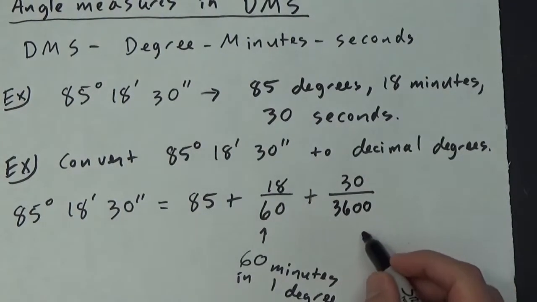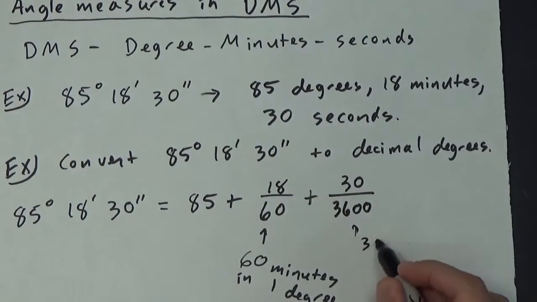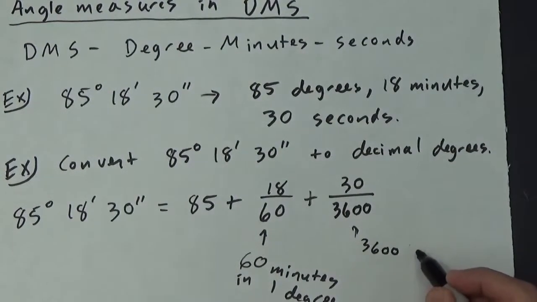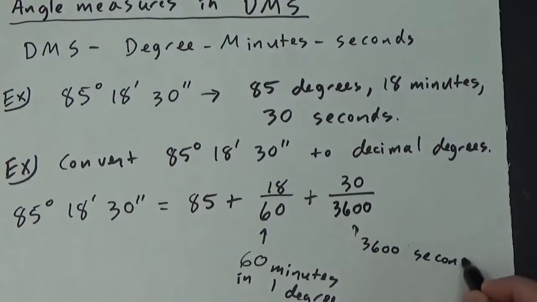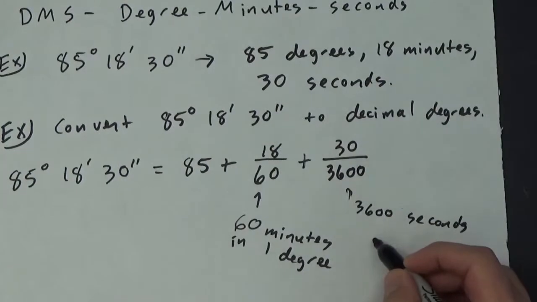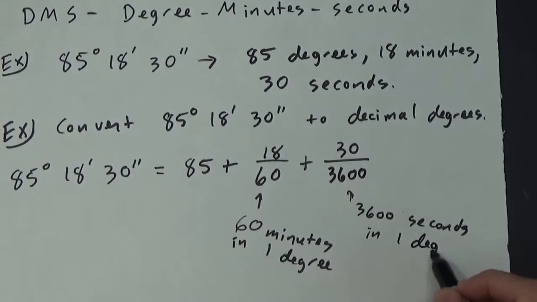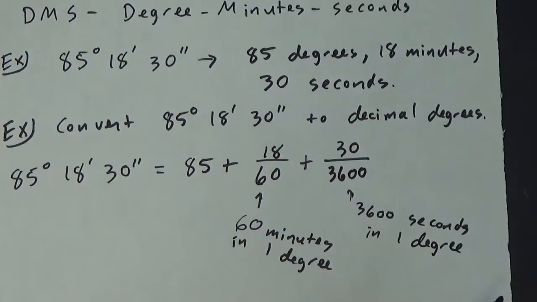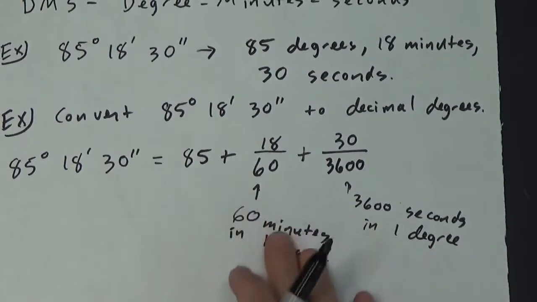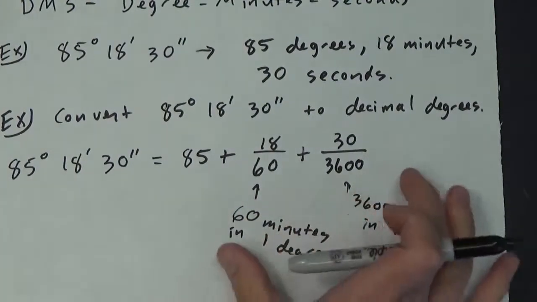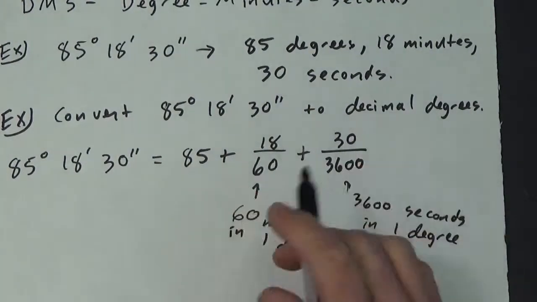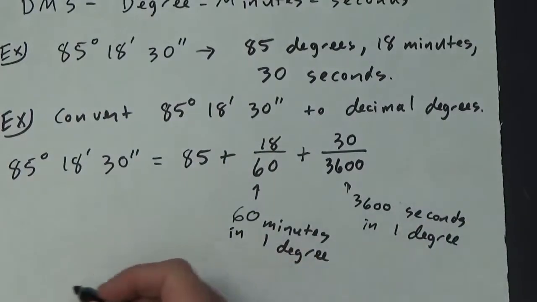And so this is 3,600 seconds in 1 degree. Now, of course, you never have to write these two things, but I wanted to write that down so you understand where the 60 and 3,600 come from.